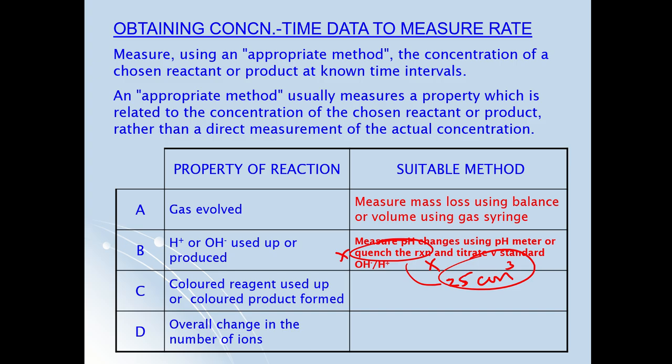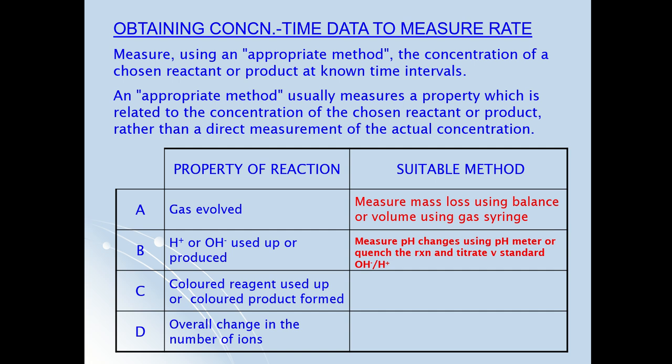And that will allow you to carry out a titration to work out the new concentration of acid or alkali in your flask. That, I believe, is one of your CCEA assessed or prescribed practicals, so please make sure and learn it. The next one is definitely an assessed practical, and it's one that's learned very badly. Please learn this one, and I'm not going to go into it in too much detail here, but it is an important one, and it's worth a lot of marks if it comes up in a summer exam.